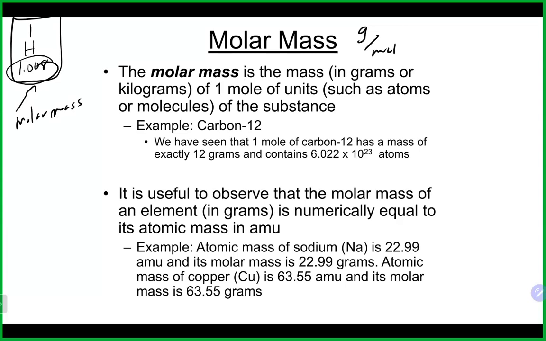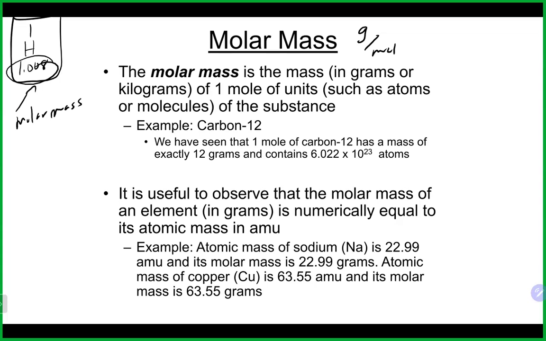Now, earlier we used it as the atomic mass, and numerically speaking, the atomic mass in AMU, which is how we used it in that previous chapter, and the molar mass in grams per mole give you the exact same number as what you see on the periodic table. A more usable unit is molar mass, because when you go to the balance, you weigh things out in grams.